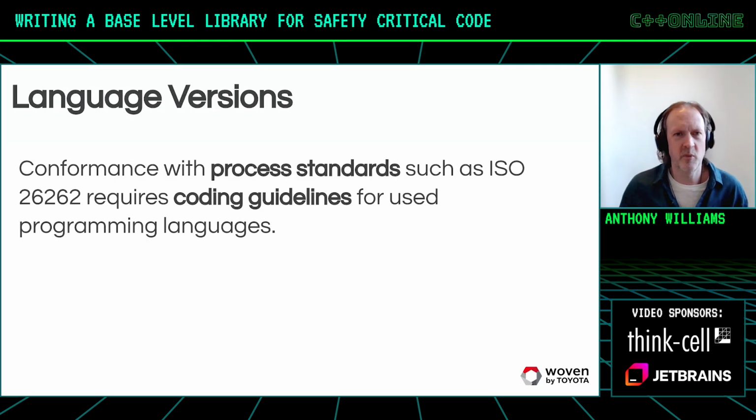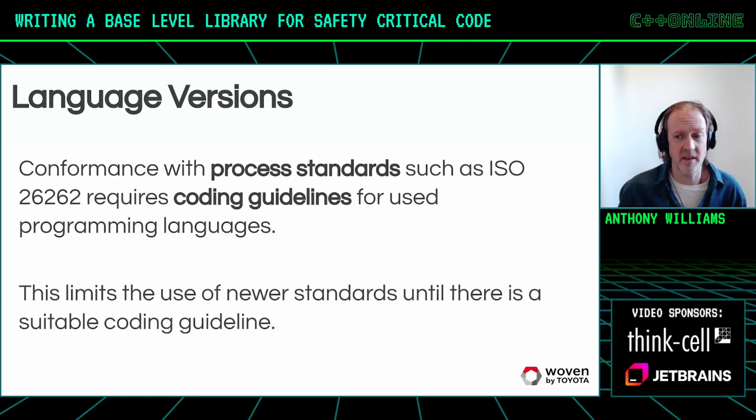So if you're conforming with the process standards, then that requires that you have coding guidelines for any used programming languages, and so you have to pick an industry coding guideline when it's applicable that you can use. And this, as just described, does limit the use of newer language standards until there is a suitable coding guideline.